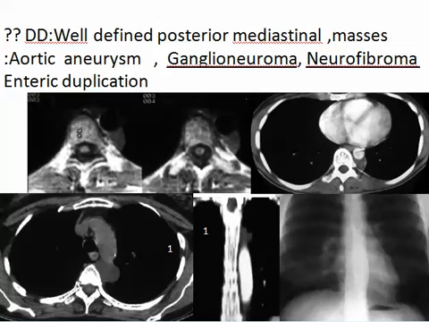As we said, the neurogenic tumors in the posterior mediastinum are the most common, and the ganglioneuroma is the most benign of them.